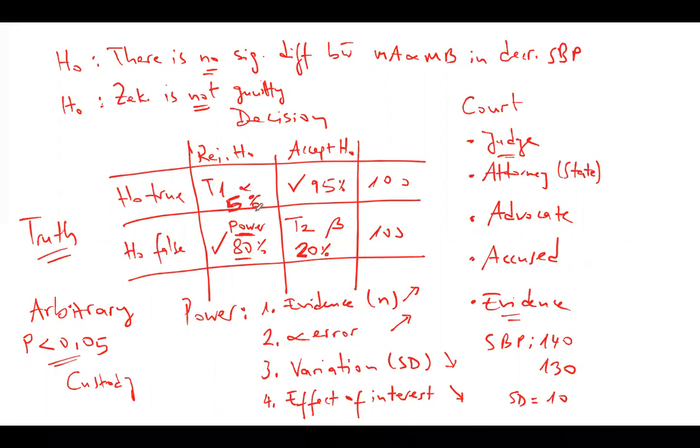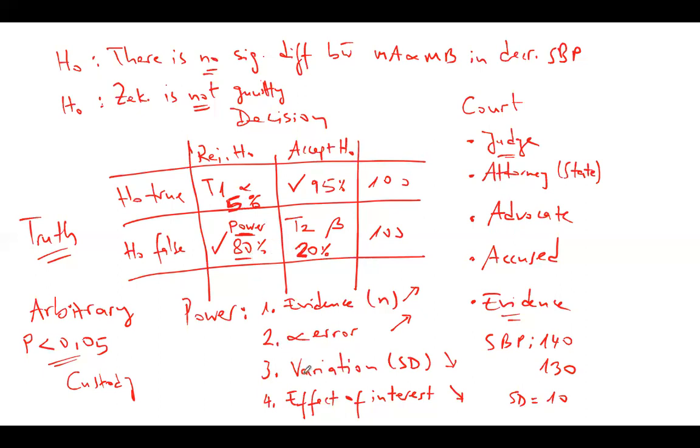You can decrease your alpha error to 1% or even less. But then you have to collect, of course, more evidence. You have to increase the sample size. If you increase your alpha error, this is disproportionate with the beta error. So if you increase your alpha error, you will decrease the beta error, and that will increase the power, of course.